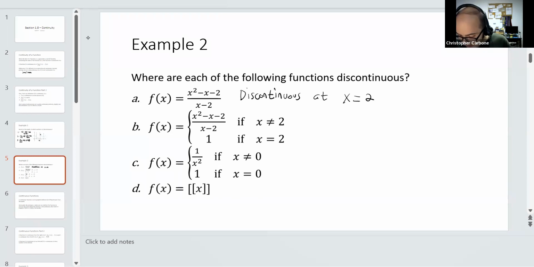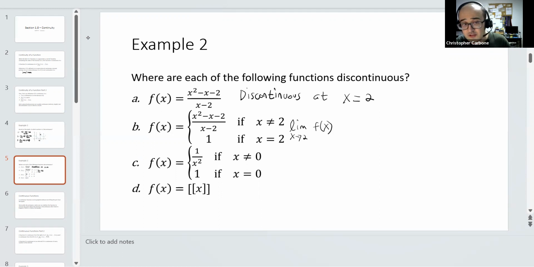So, in order for this to be continuous, we do need to look at that limit. This would be as x approaches 2 of a function f of x.